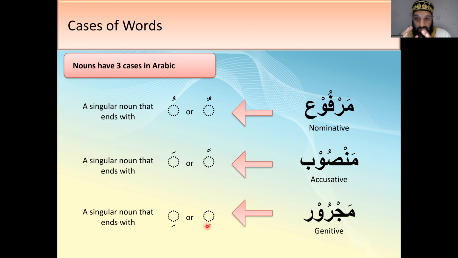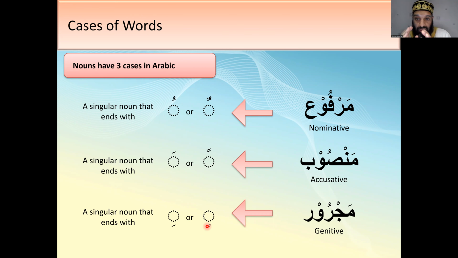And then for feminine, the plural is atun for marfu and atin for the other. So atun and atin are the plural for sound feminine words, and ani and aini is the ending for dual.